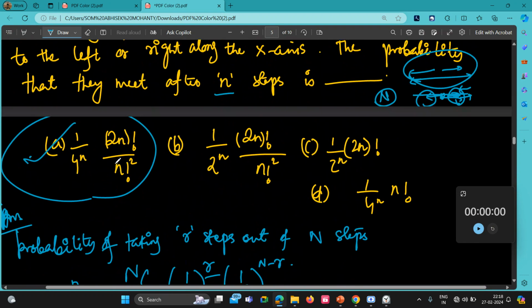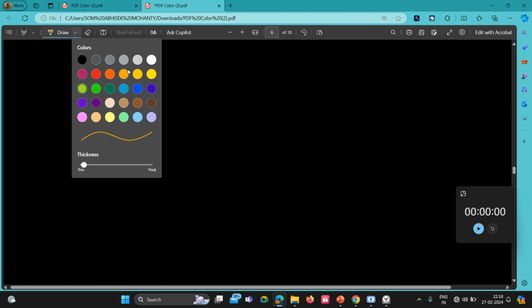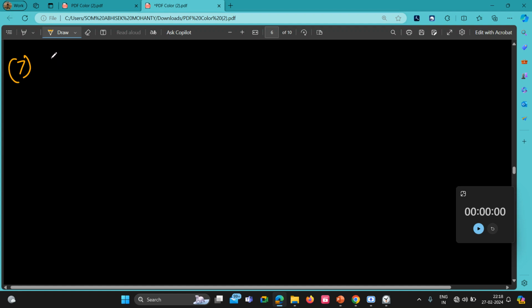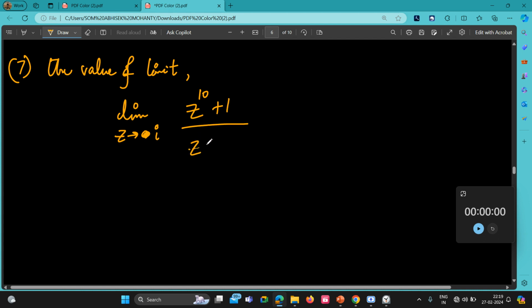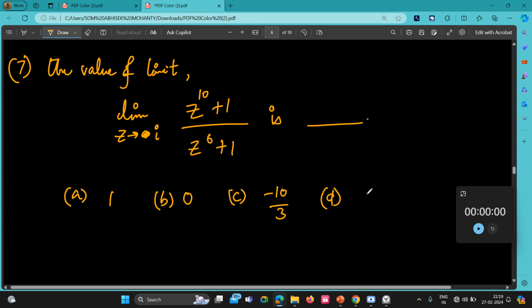Next question, question number 7. The value of limit z tends to i, z to the power 10 plus 1 divided by z to the power 6 plus 1 is: option A is 1, option B is 0, option C minus 10 by 3, option D is 5 by 3.